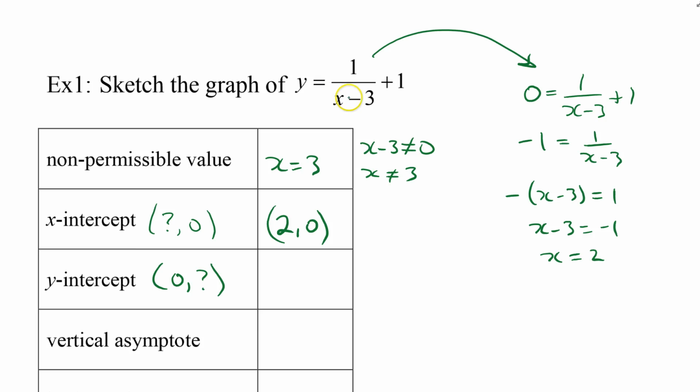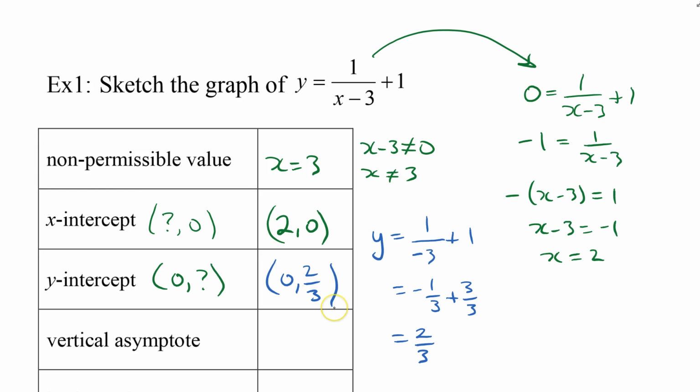If I do my work in blue here, I can say y is equal to 1 over, now instead of writing x minus 3, I'm just going to write -3 because x is equal to 0, plus 1. That's -1/3 plus, now 1 is the same thing as 3/3, so I'm going to get 2/3. So my value here will be (0, 2/3).